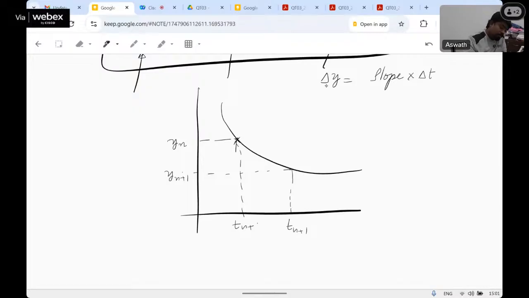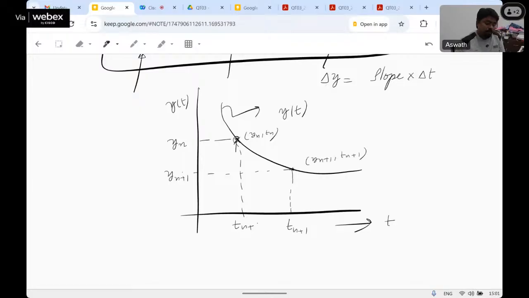This is the actual curve, this is y of t. Let's say I don't know that, I only drew it for the geometrical interpretation. So now I only know this value, which is yn, tn, and I want to find yn plus 1 at tn plus 1.